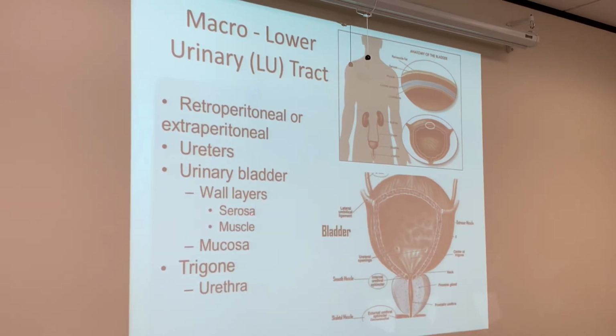The serosa is the outer layer, then the middle layer, then the inner layer. So this wall right here is the mucosa. This wall out here is the serosa. This wall right here, muscle. And we've already talked about the trigone, because the ureters go into the inferior posterior bladder.